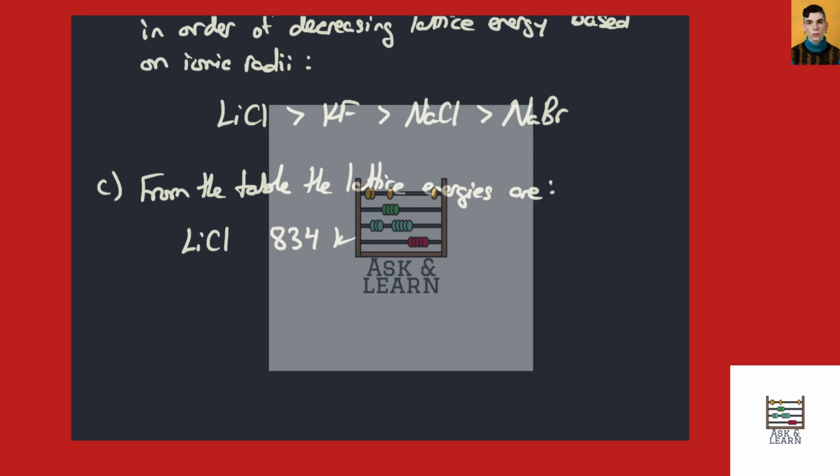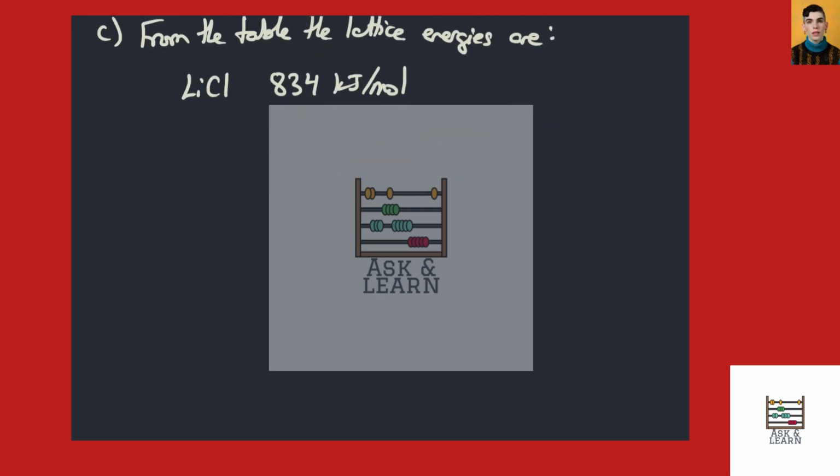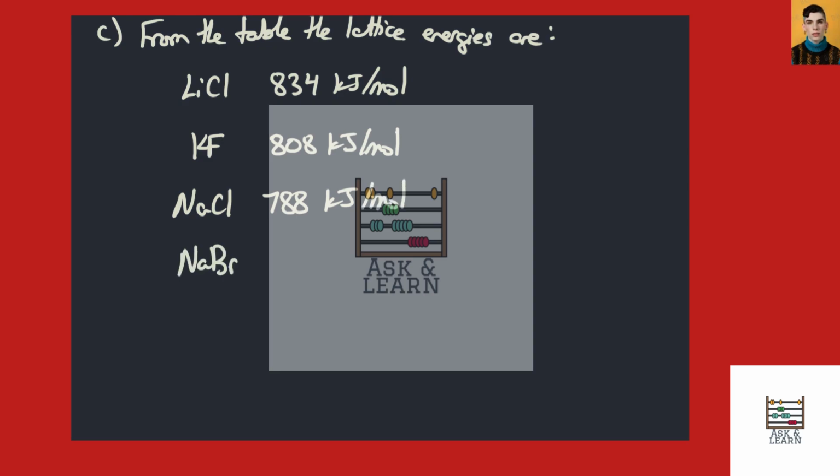LiCl is 834 kilojoules per mole. KF is 808 kilojoules per mole. NaCl, 788 kilojoules per mole. And NaBr, 732 kilojoules per mole.